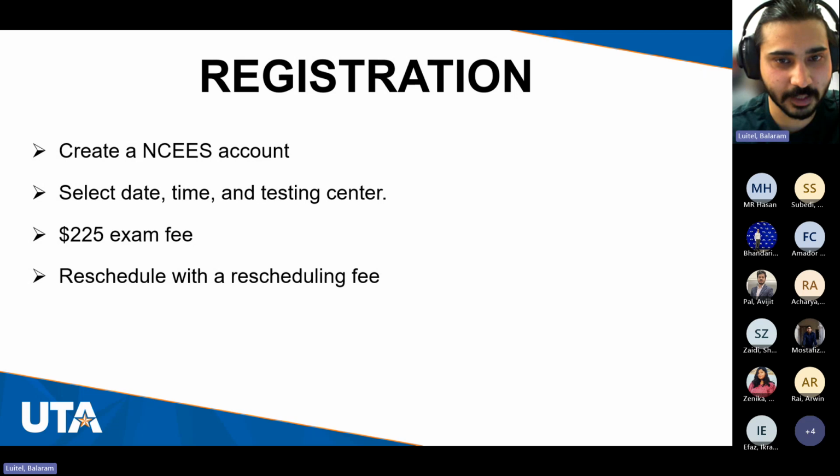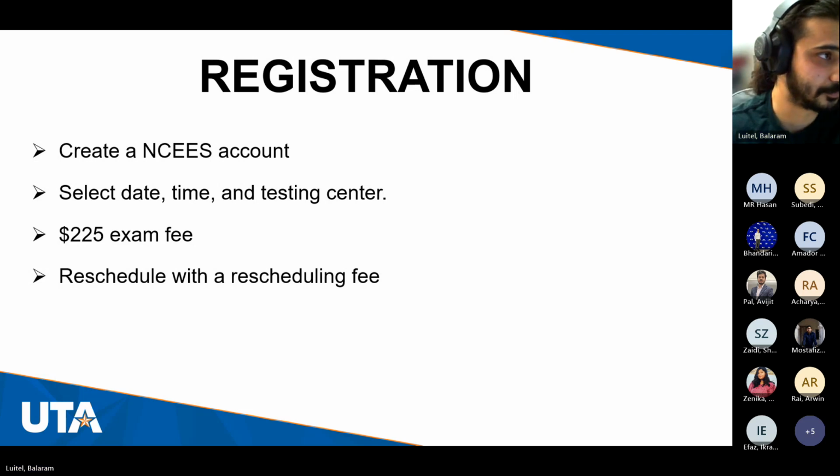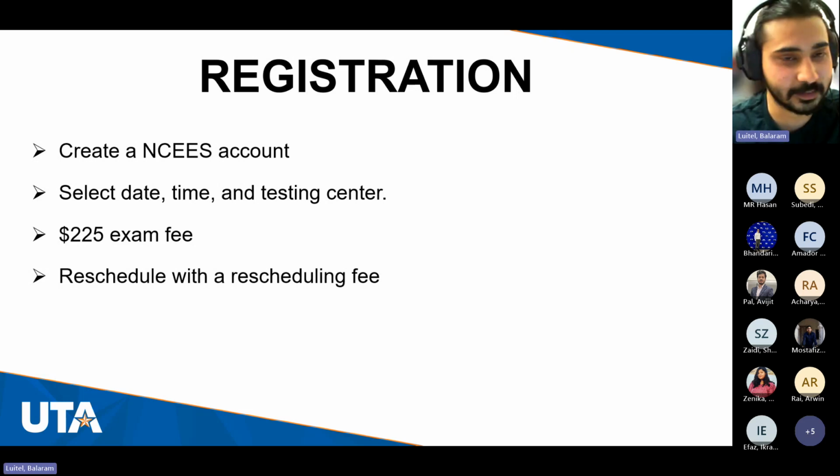Make sure you have enough time for preparation so that you don't have to reschedule multiple times, because I've seen so many people rescheduling two, three, four times. If you reschedule four or five times, that's already the price of another FE exam. So please be careful when you select your date for the FE exam.